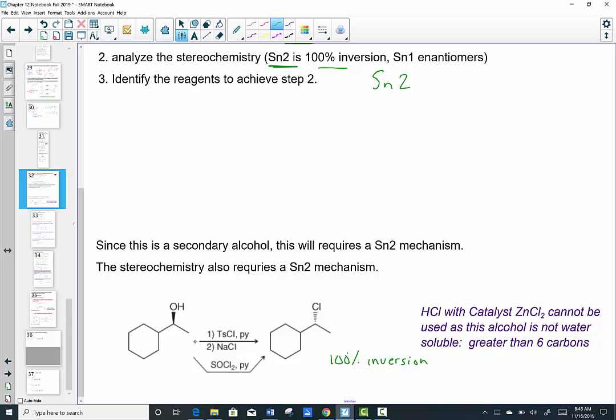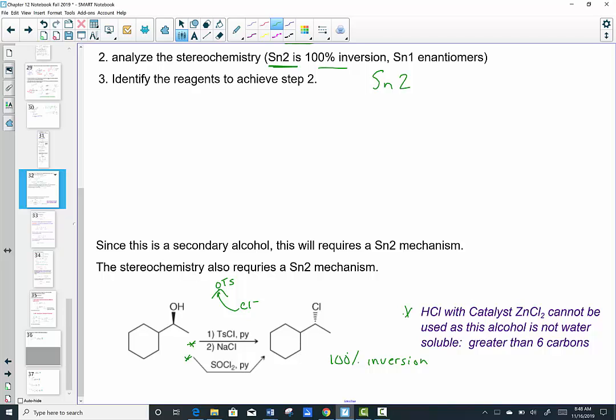That left us with two possible synthesis pathways. The first being to tosylate the alcohol to convert it into a better leaving group, where the chloride nucleophile would then attach there and force the leaving group to leave, accomplishing an inversion. Same mechanism really, just SOCl2 followed by pyridine accomplishes the same thing.